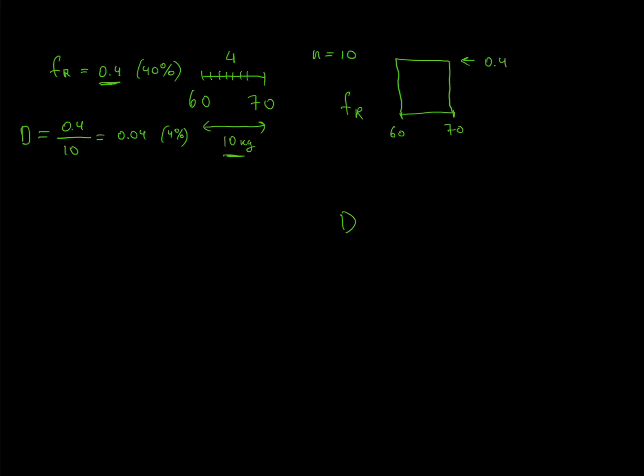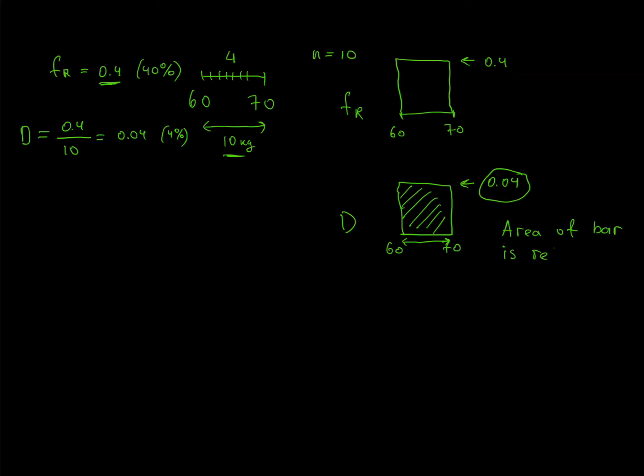If we use density distribution, that will be the bar 60 and 70, and the height of the bar will be a density, so it will be 0.04. But area of the bar will correspond to the relative frequency, so you can calculate it easily. So you take the density 0.04, and then you multiply to the width of this bean to 10, so you will get 0.4. So when you use density distribution, area of bar is the relative frequency.